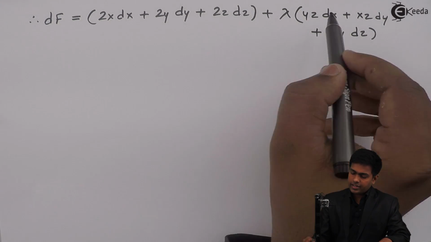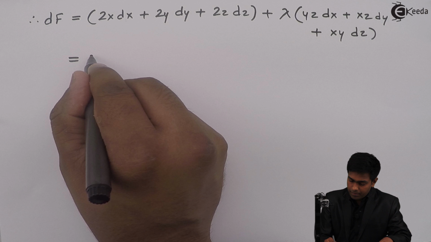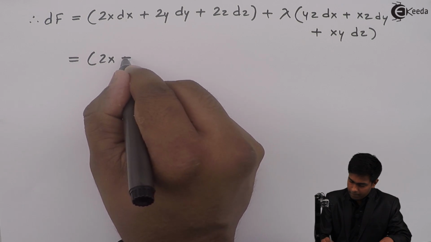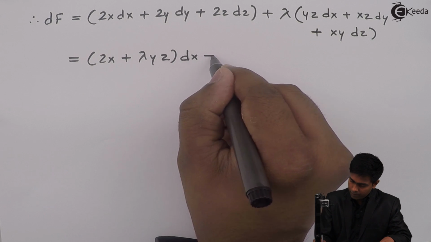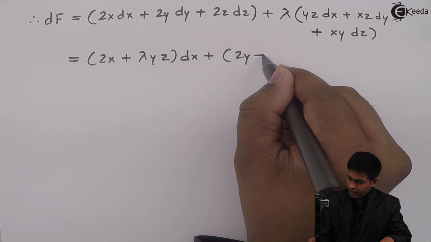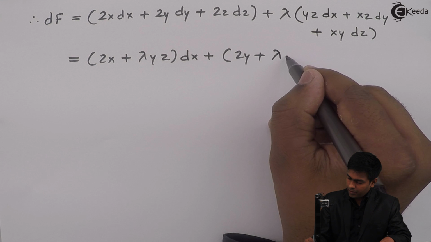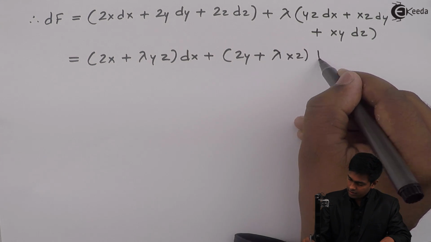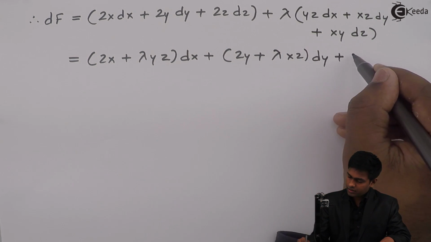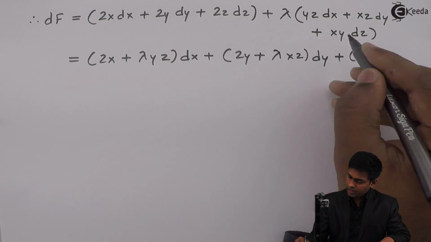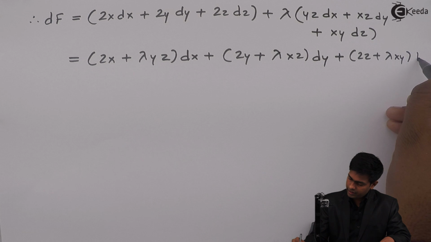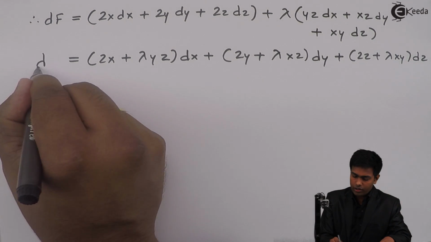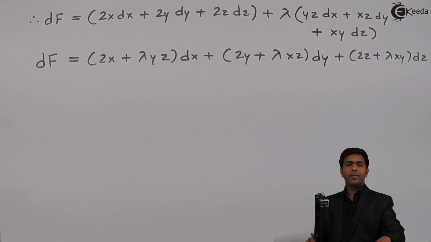Now by taking dx terms together, we will get (2x plus lambda yz) dx plus (2y plus lambda xz) dy plus (2z plus lambda xy) dz. So here we got the value of dF.